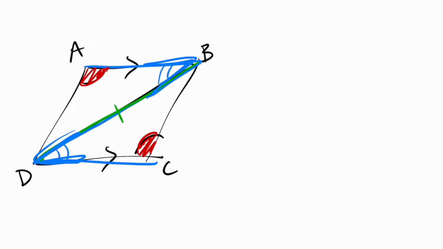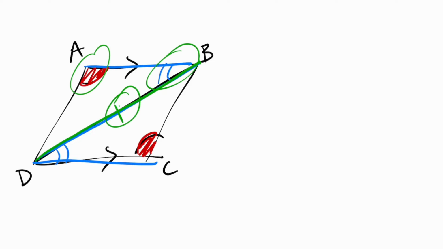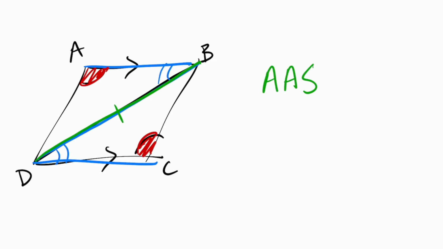And we have this one side in the middle marked as congruent. All together, we've got two angles and a side. And that side, you have to ask yourself, is it angle, side, angle or angle, angle, side? Well, is the side touching both of those angles or just one of them?